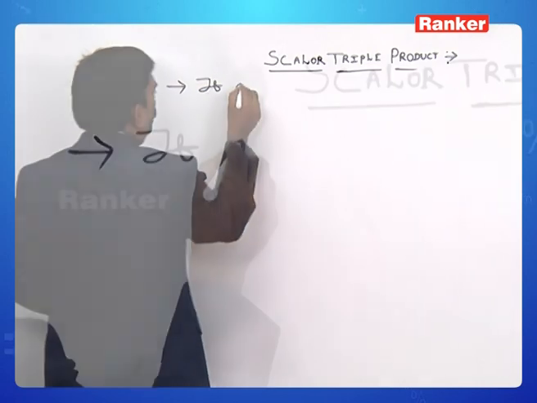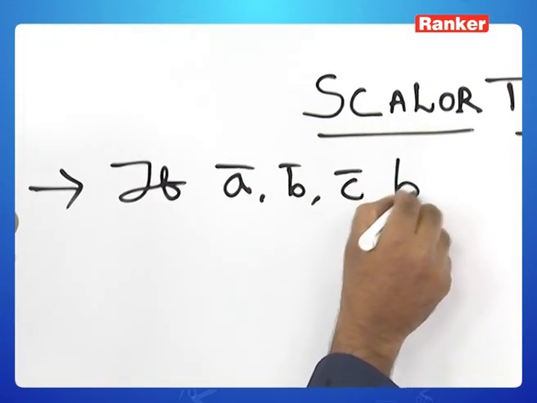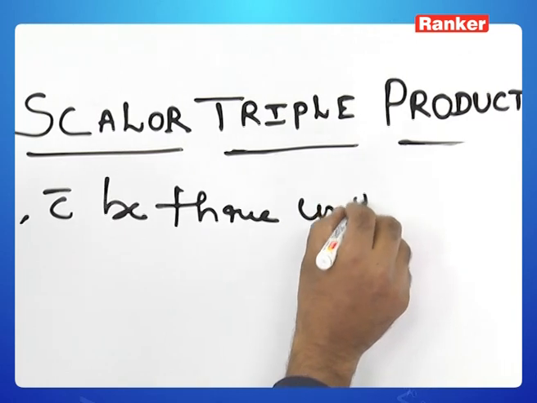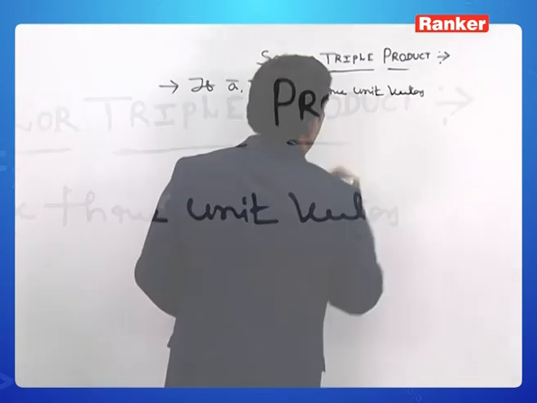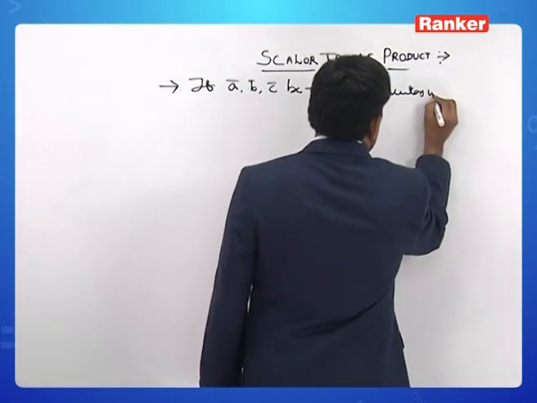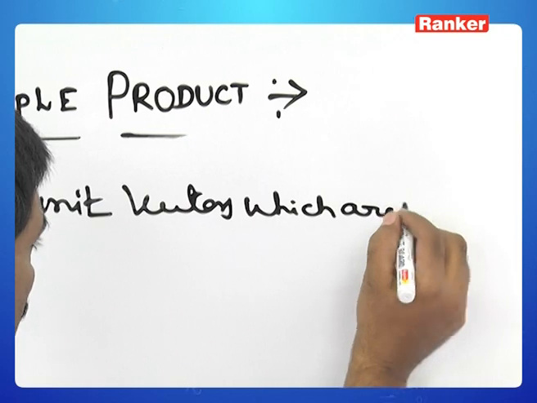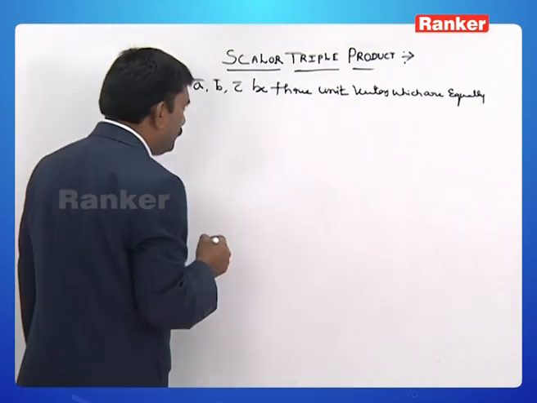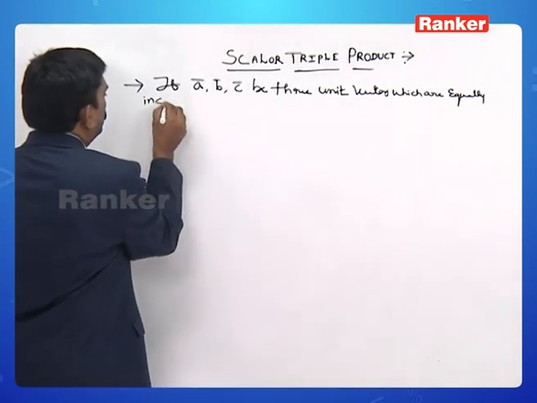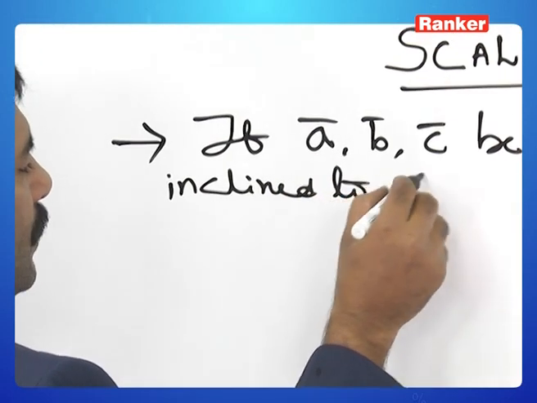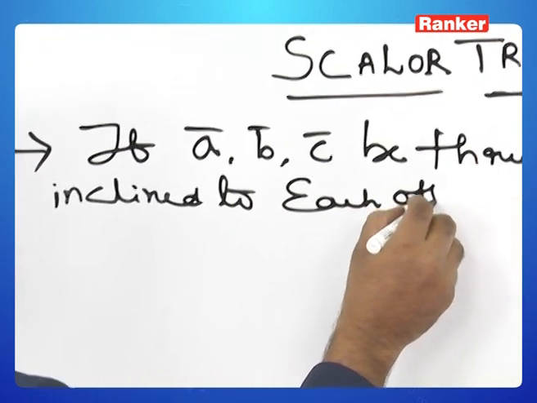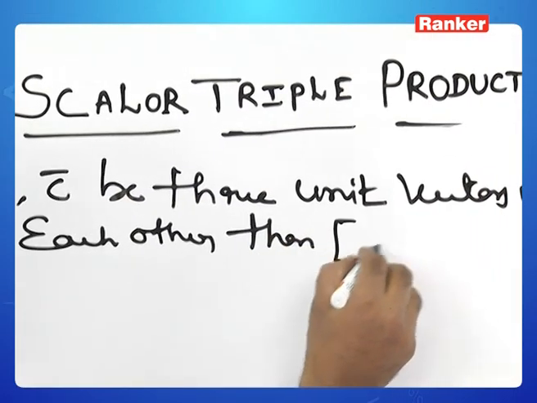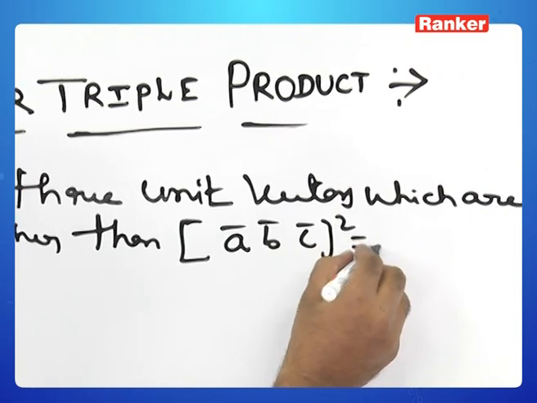If A bar, B bar, C bar are three unit vectors which are equally inclined to each other, then box of ABC whole square is equal to dash.